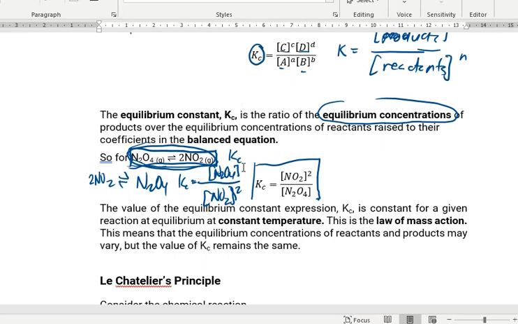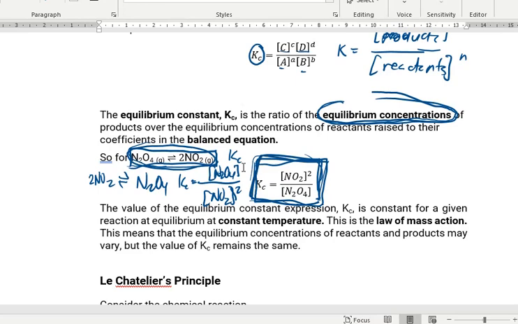Okay? Now, also class, take note that for the equilibrium constant expression, as you can see, I bolded the equilibrium concentrations because many students make a mistake in this part. Remember to use equilibrium concentrations when filling up this equation.